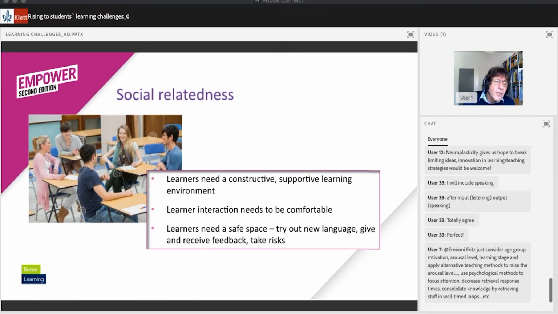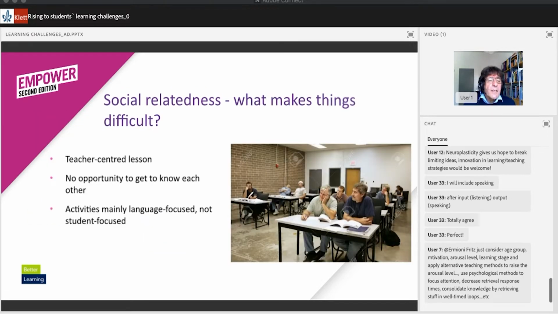So this is what research tells us about this: learners need a constructive, supportive learning environment, learner interaction needs to be comfortable, learners need a safe space to try out new language and to give and receive feedback and to take risks. So what might make things more difficult is probably a classroom like this.